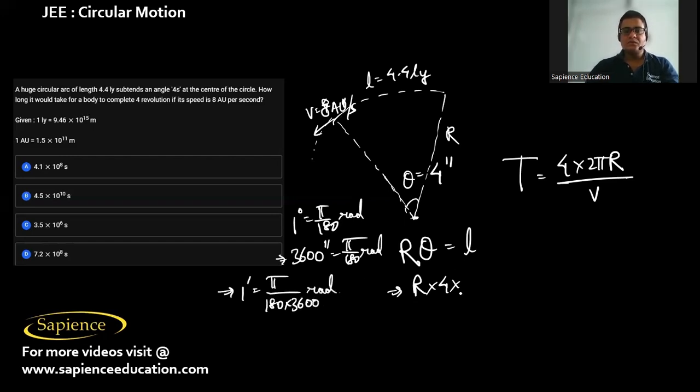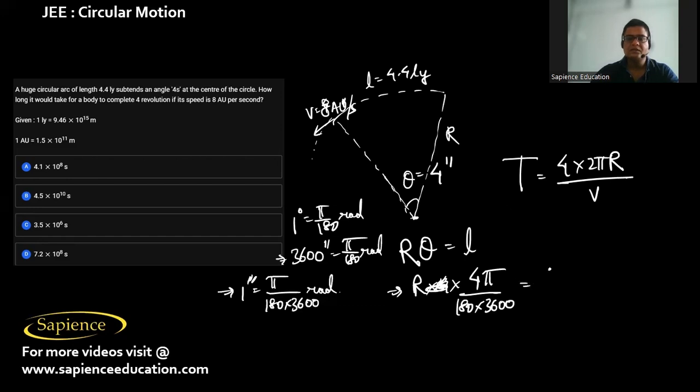So 4 seconds will be 4 into pi by 180 into 3600 radian.